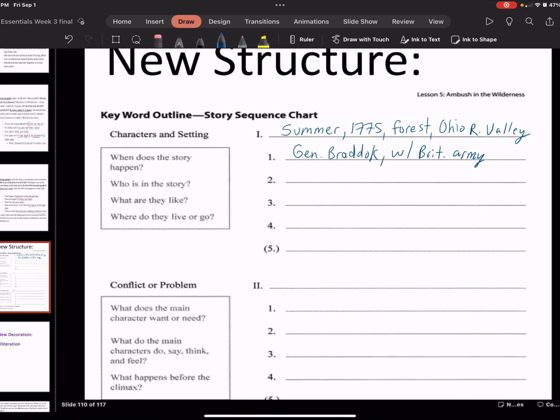What do we know about them? Like we said before, well-trained. Or you could even do plus plus trained in the fields, but not the forests.